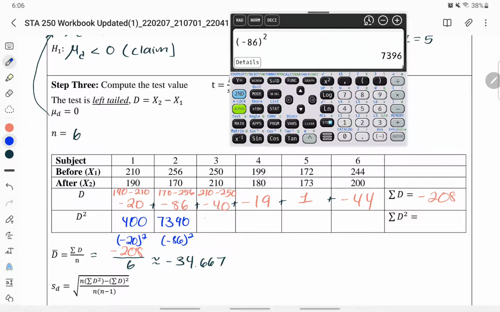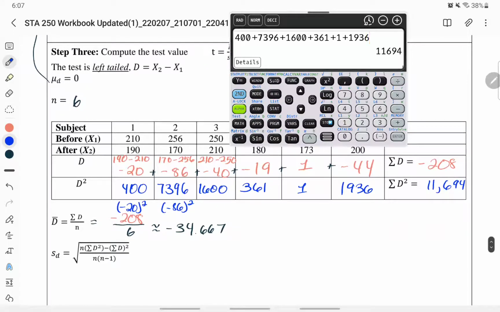When you square negative 40, that's 1600. When you square negative 19, that's 361. When you square 1, that's just 1. And when you square 44, you get 1936. Let's add those together: 11,694.